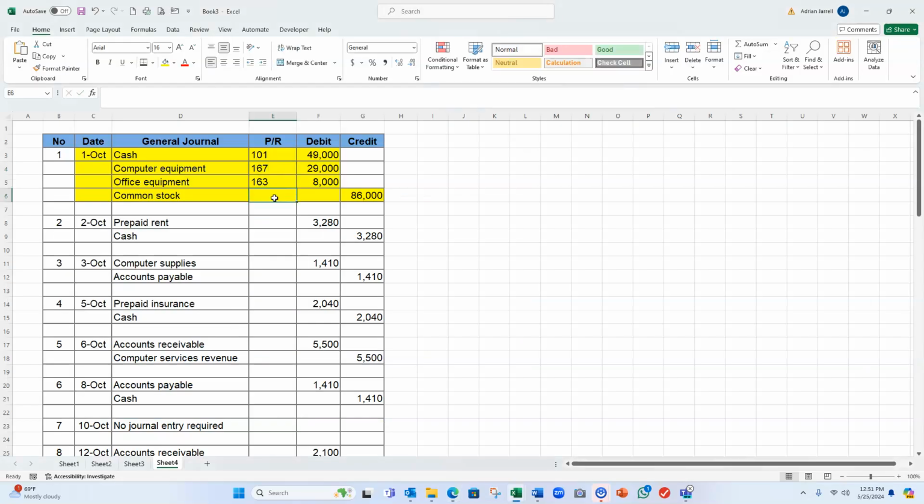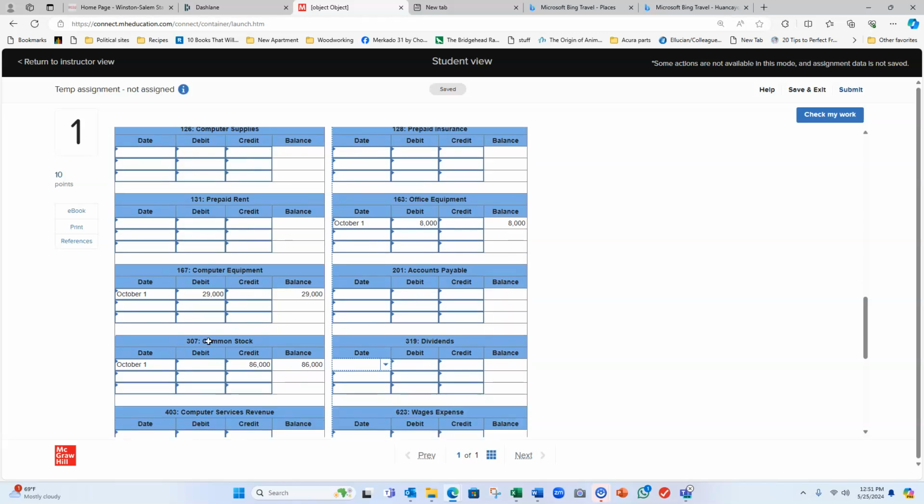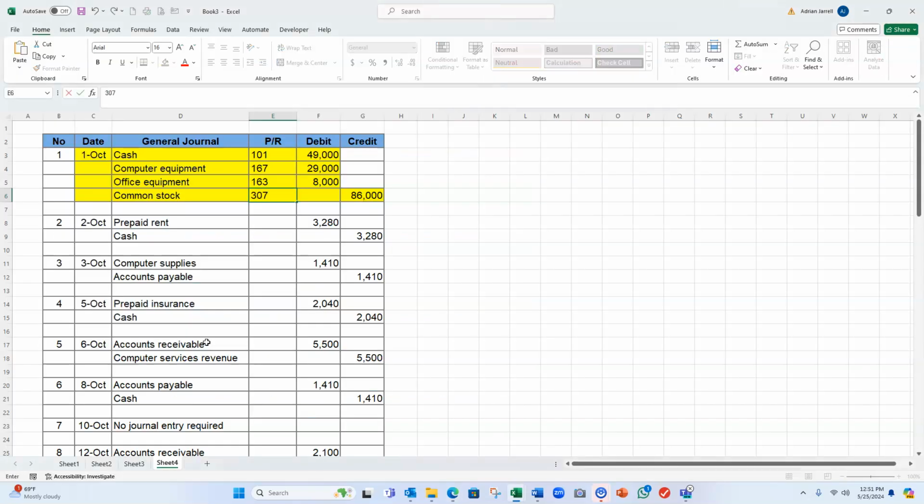And common stock will be 301 or something like that, 307. You notice that assets always start with a 1, liabilities start with a 2. Common stock, retained earnings, dividends always start with a 3, revenues with a 4, and expenses with something higher than 4. So we're going to post the rest of them.